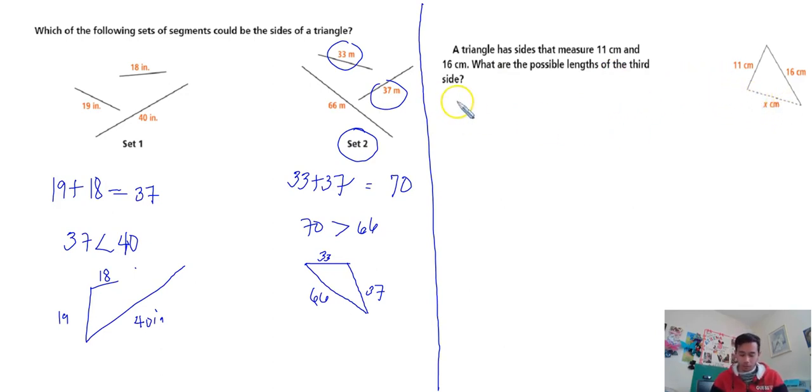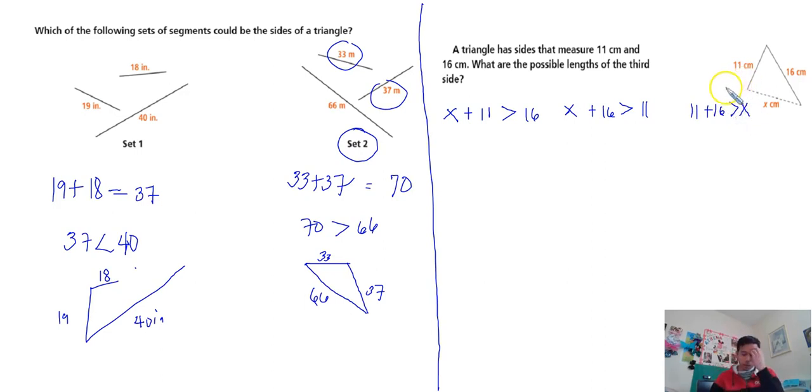So applying your theorem 5-11, which is the triangle inequality, x plus 11 must be greater than 16, and x plus 16 must be greater than 11. And then if I add the third one, 11 plus 16, that must be greater than the value of x.